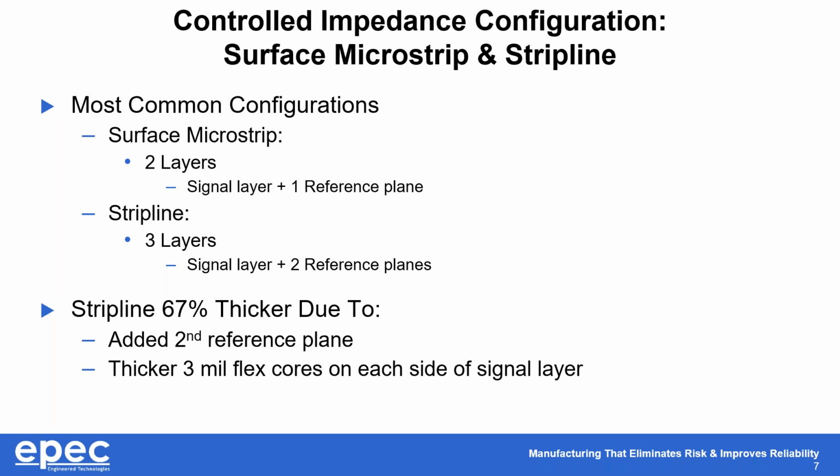And physics also required you to use slightly thicker cores than what you could get away with in a 2-layer signal. So again, controlled impedance and the configuration of the controlled impedance is causing your flex circuit to increase in thickness, in some cases very substantially.